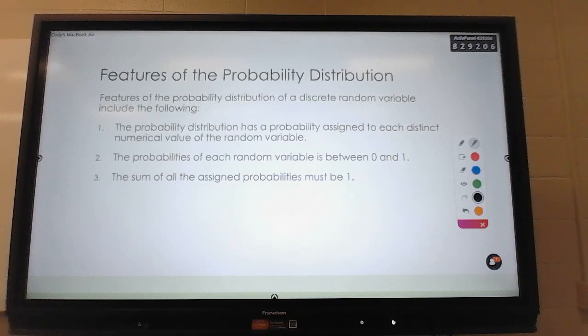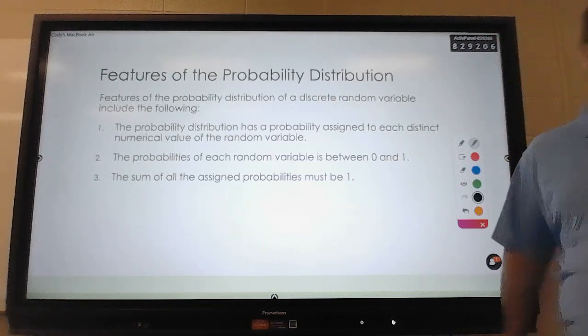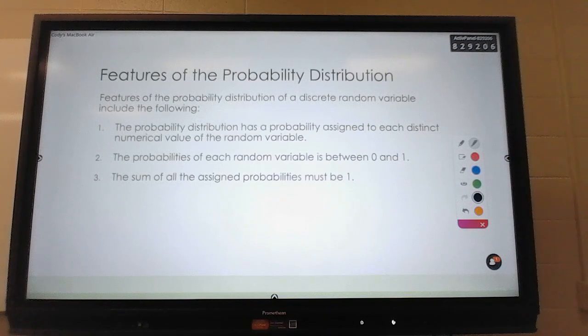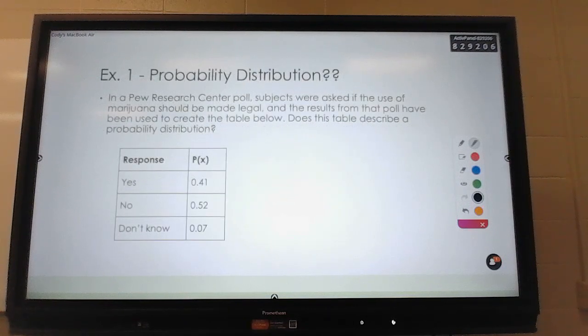So each numerical value of that variable, every value that variable can take, has a probability assigned to it. It has to be between 0 and 1 in decimal form, and they all have to add up to 1.